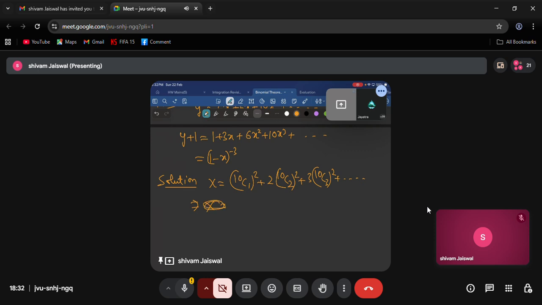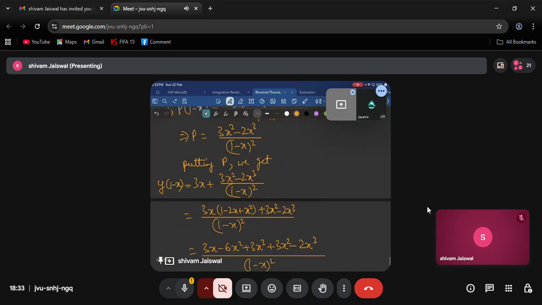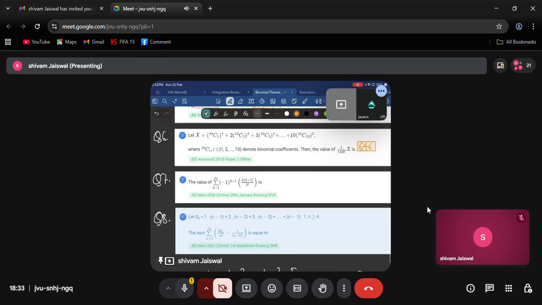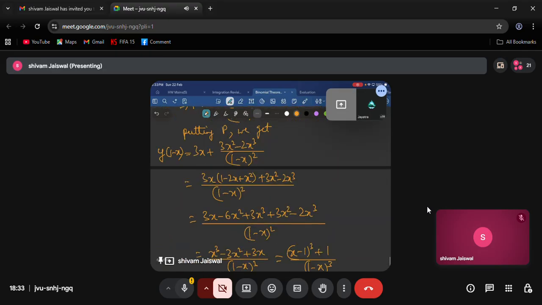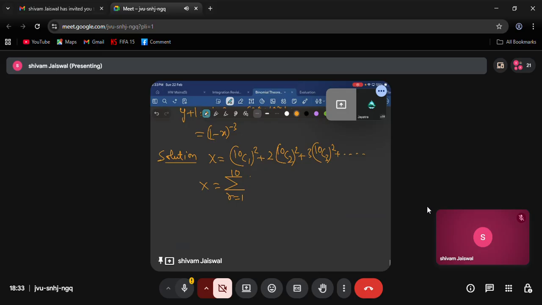So basically (10C1) whole square. So what is x? X is equal to summation of r equal to 1 to 10, the last term was 10, of r into (10Cr) whole square.